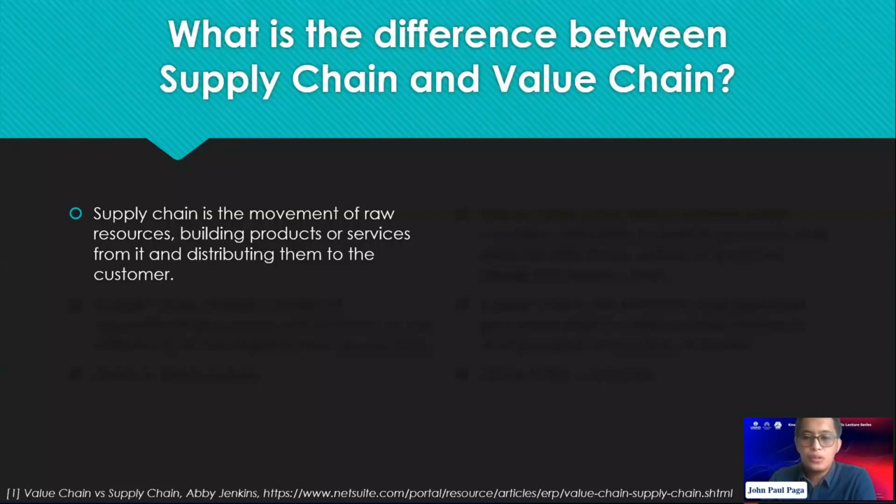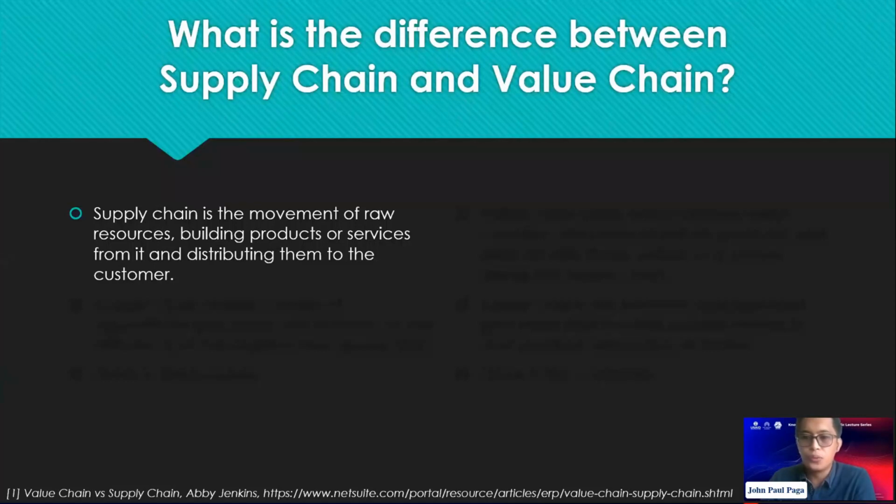So when speaking of supply chain and value chain, hindi sila contrary. Let's look at supply chain and value chain in three perspectives.